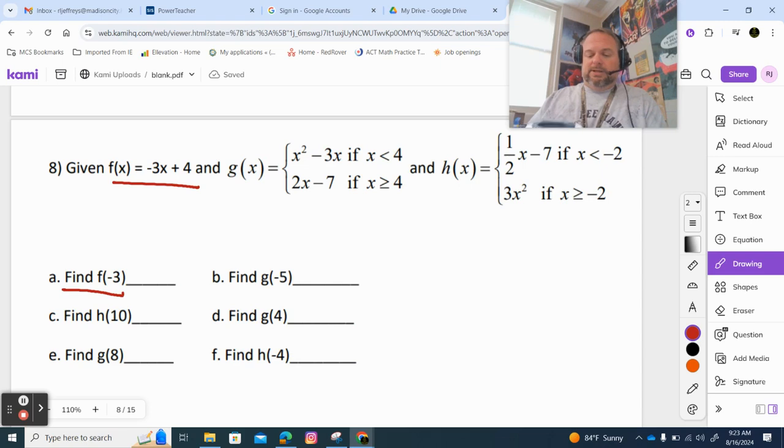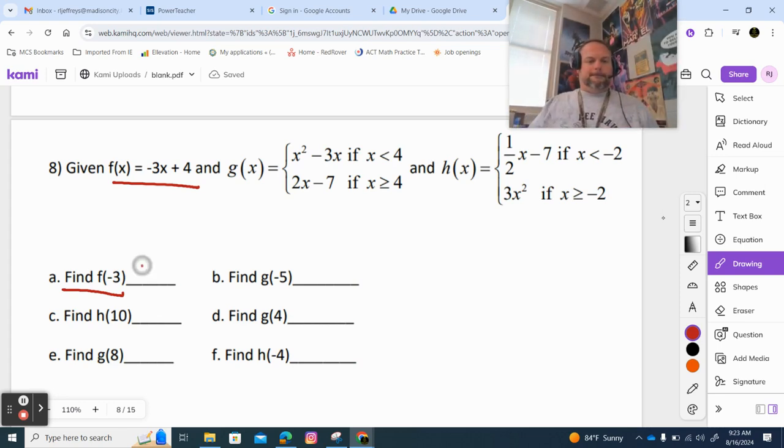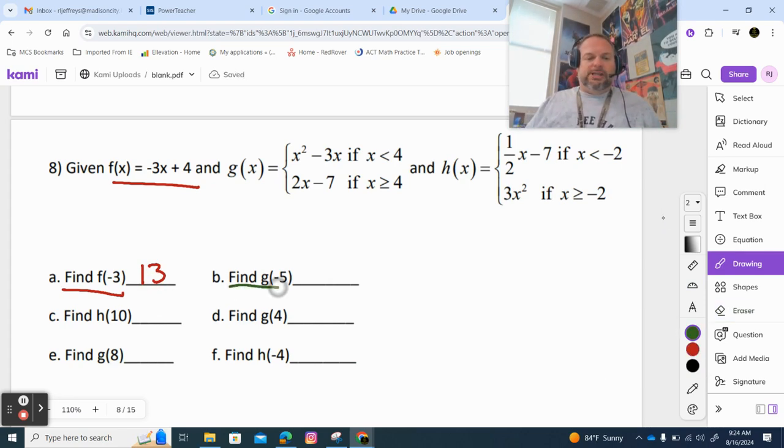So -3. Oh, -3, fat finger, hit the wrong button. All right. So I get 13. All right. So G of -5. So I look up here at G. Is -5 less than 4 or greater than or equal to 4?